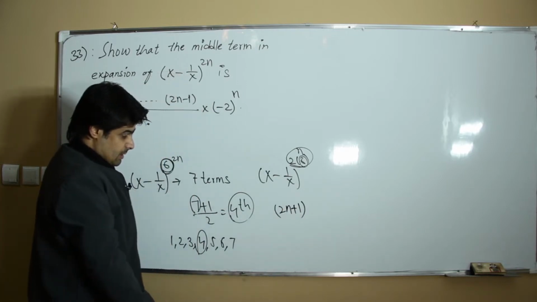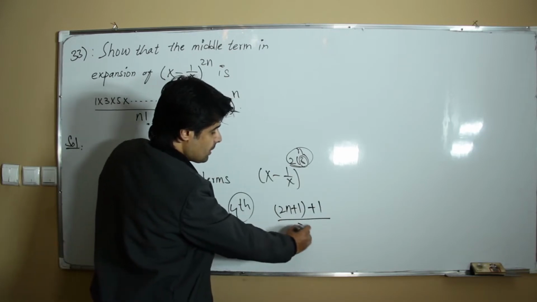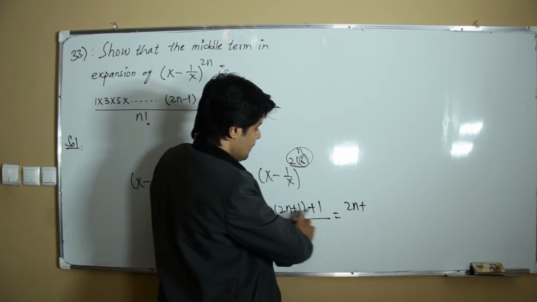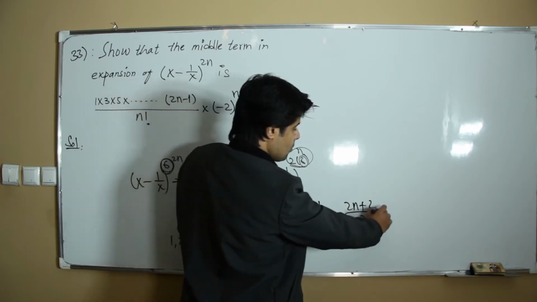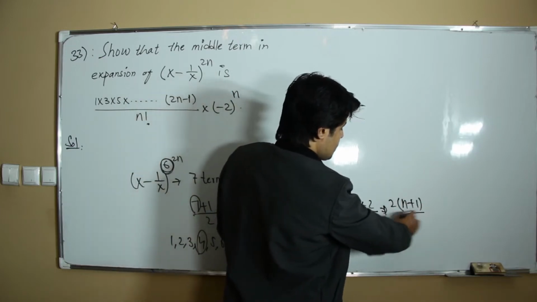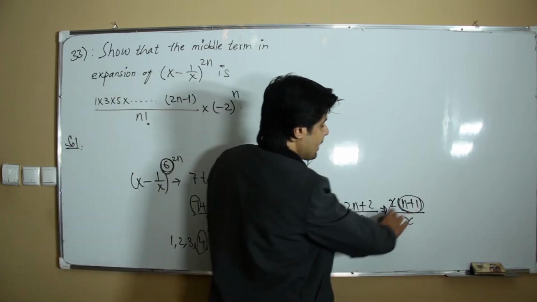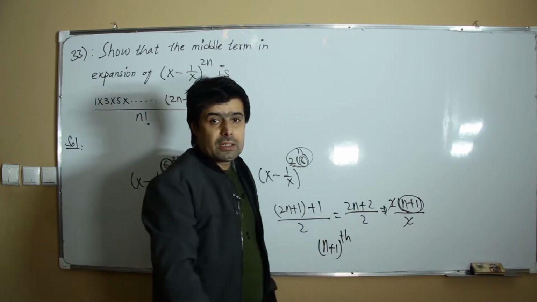Now, what's the middle term? 1 plus the number of terms, divided by what? 2. So we can write 2n plus 1 and 1, it is 2n plus 2 divided by 2. Now factor out 2 in the numerator, so we have 2 times n plus 1 divided by 2. 2 with 2 is cancelled. Now the n plus 1 term, this is the middle term.